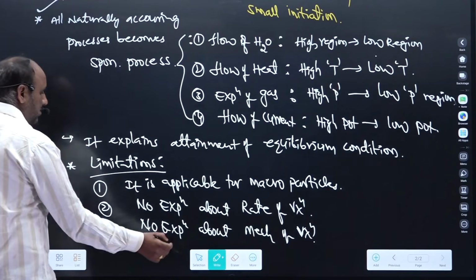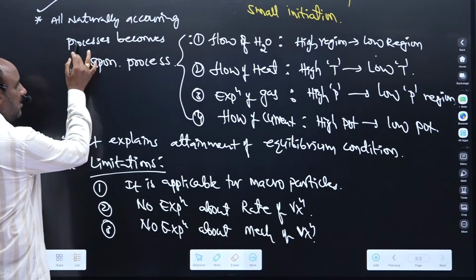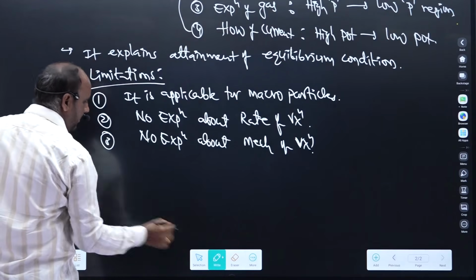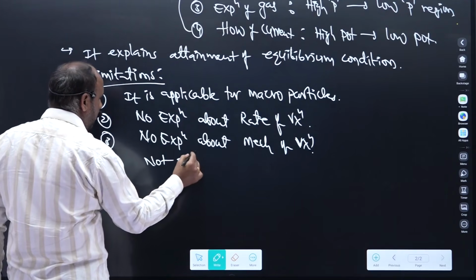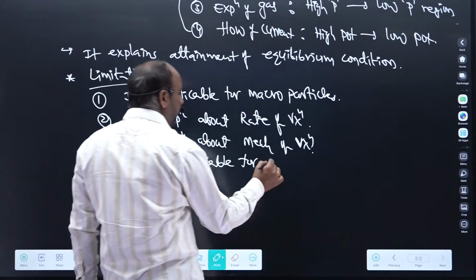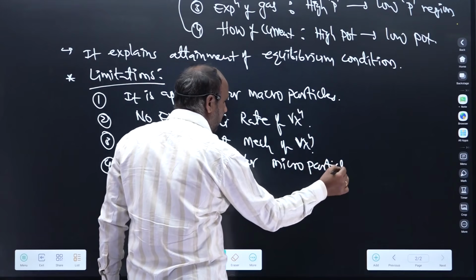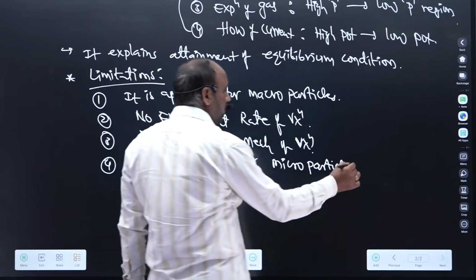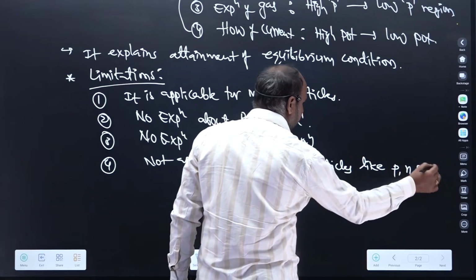Therefore, the mechanism of the reactions or processes cannot be explained. And the fourth one is that it is not applicable for microparticles like protons, neutrons and electrons.